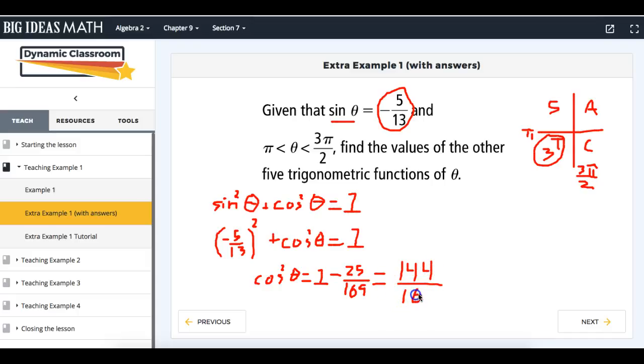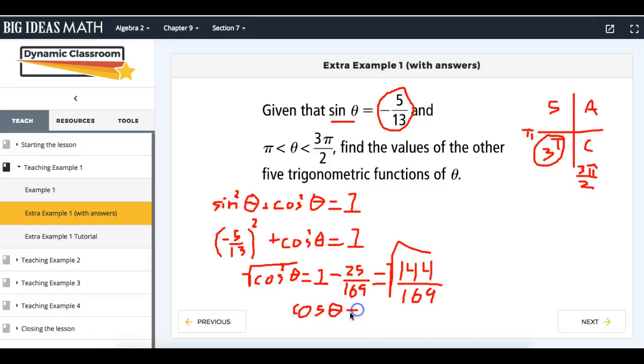Okay, we're almost there with cosine. We've got cosine squared theta equals 144 over 169. If we take the square root of both sides, the square root of cosine squared just gives us the cosine of theta.